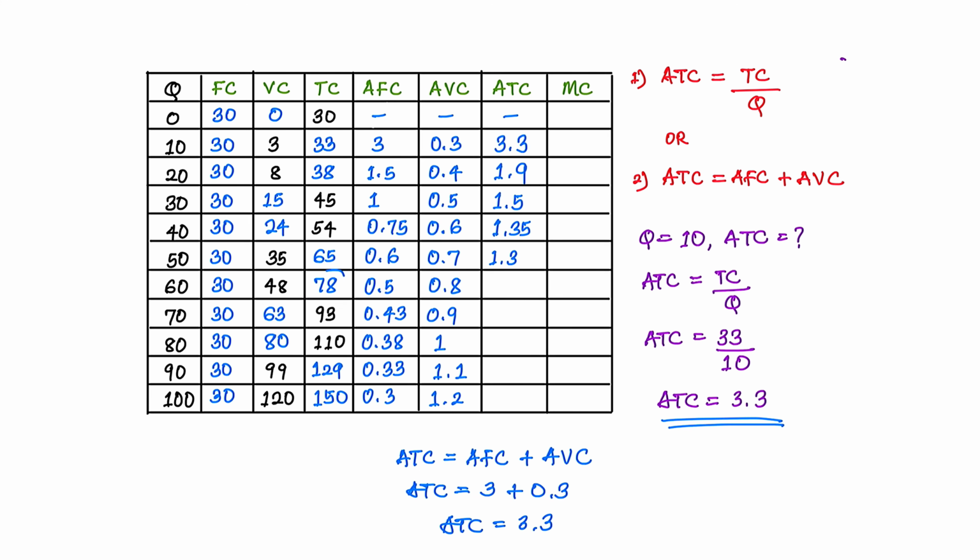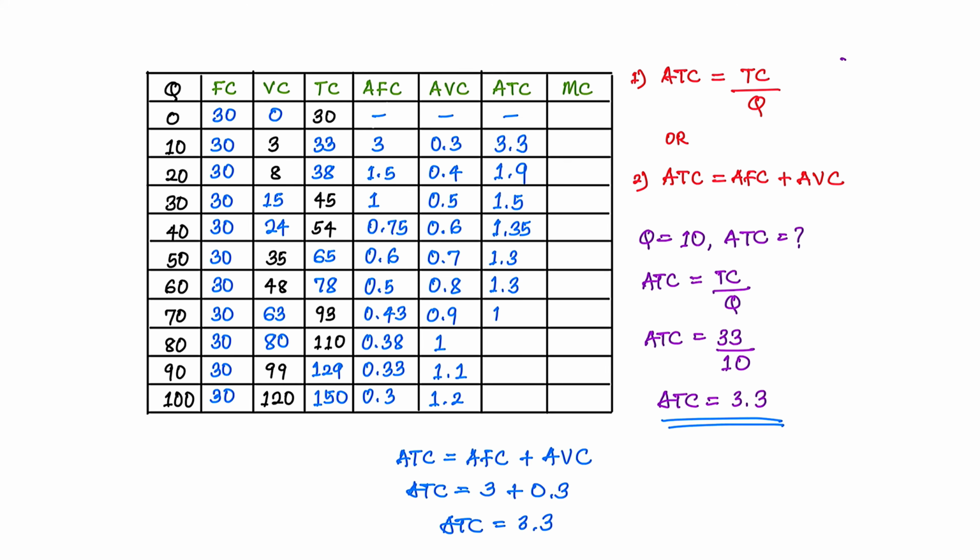Next, the total cost is 78. The quantity is 60. 78 divided by 60 is 1.3. So average total cost here is also 1.3. Next, the total cost is 93 and the quantity is 70. 93 divided by 70 is 1.33.